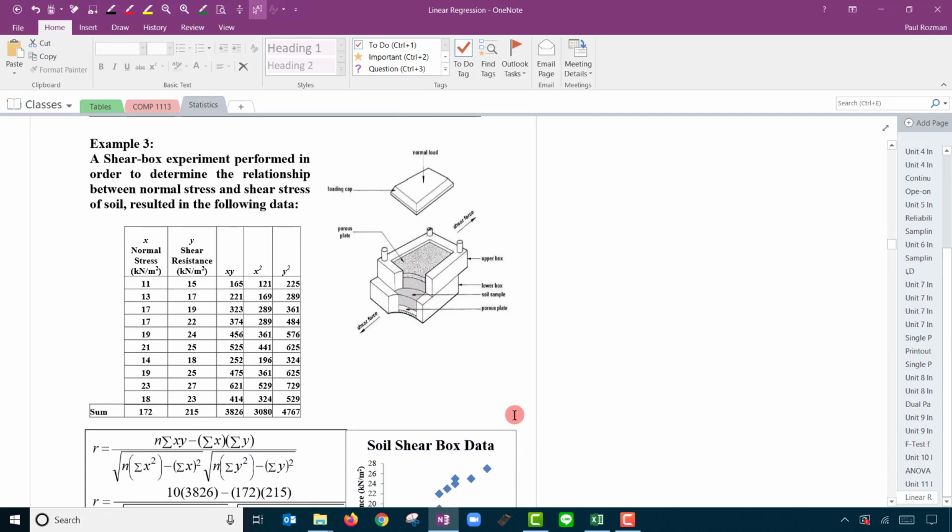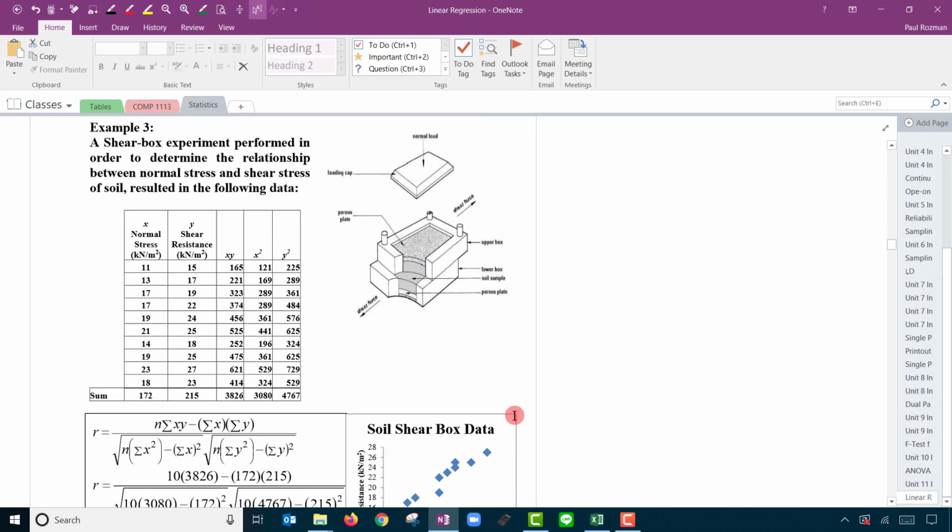Here's a little example. We'll get some data here. We have this shear box experiment where we have this box that is basically built out of 2 parts. We fill it with sand, and then we put a weight on the top.